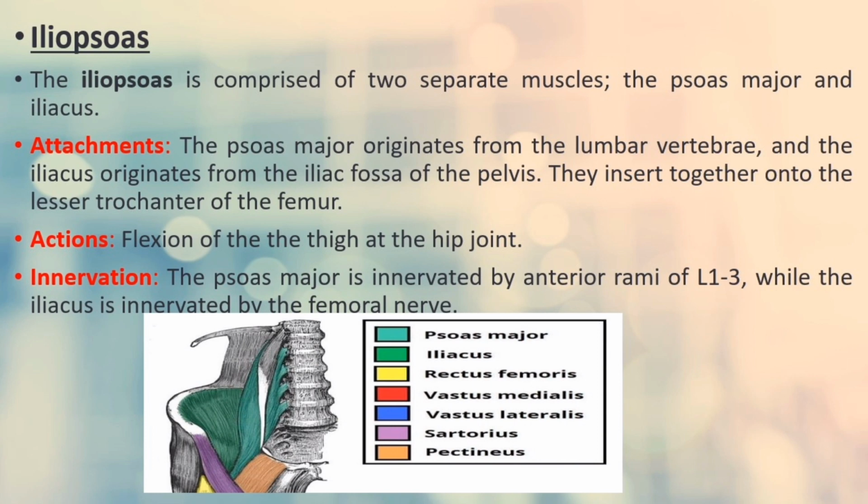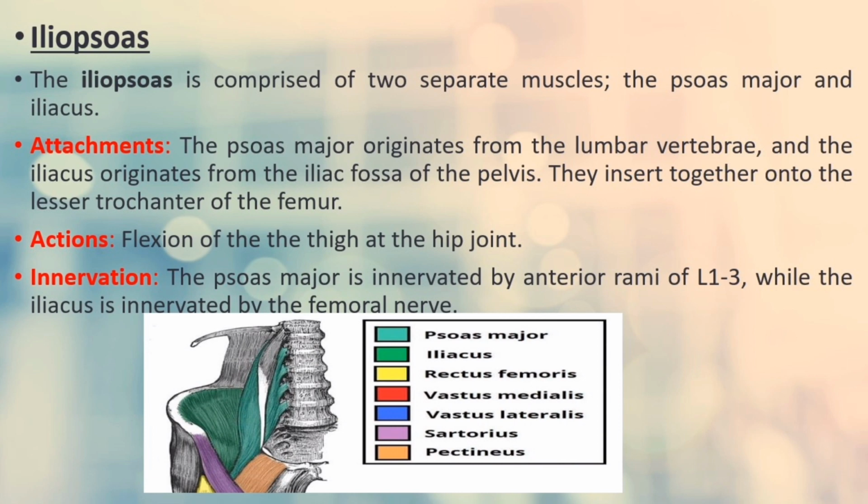These muscles arise in the pelvis and pass under the inguinal ligament into the anterior compartment of the thigh, where they form a common tendon. Unlike many of the anterior thigh muscles, the iliopsoas does not perform extension of the leg at the knee joint. Attachments. The psoas major originates from the lumbar vertebrae, and the iliacus originates from the iliac fossa of the pelvis.